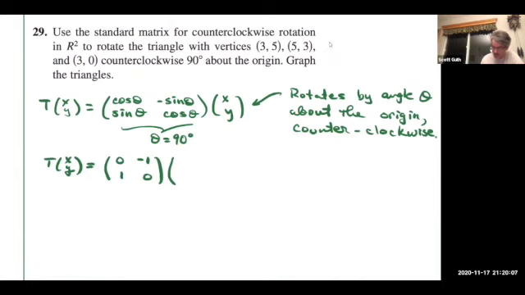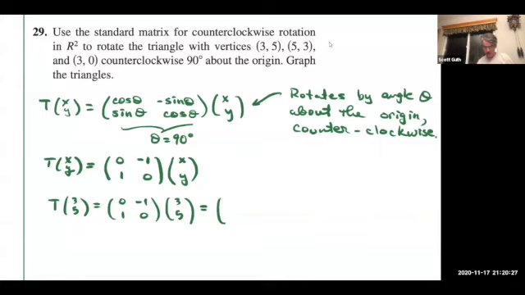90-degree rotation. Super easy. So when we do T of the first point, (3, 5), we're going to get 0 plus negative 5, and then 3 plus 0, so 3. Next point is T of (5, 3).